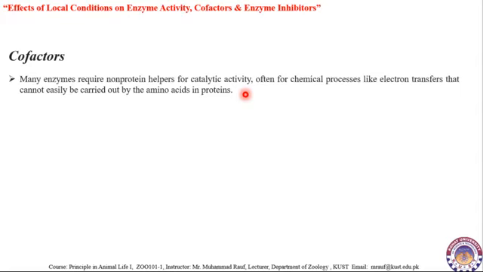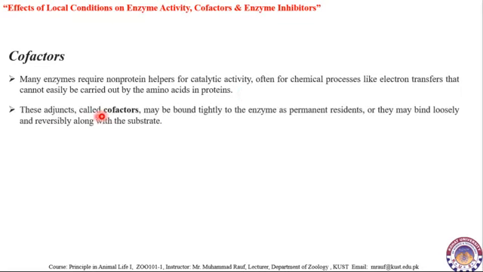The R groups of the amino acids lining the active site interact with the molecules of the substrate, and this interaction destabilizes the bonding in the substrate molecule. Sometimes the amino acids present in the active area are unable to do so, therefore they need cooperation from other helpers, other non-protein helpers.